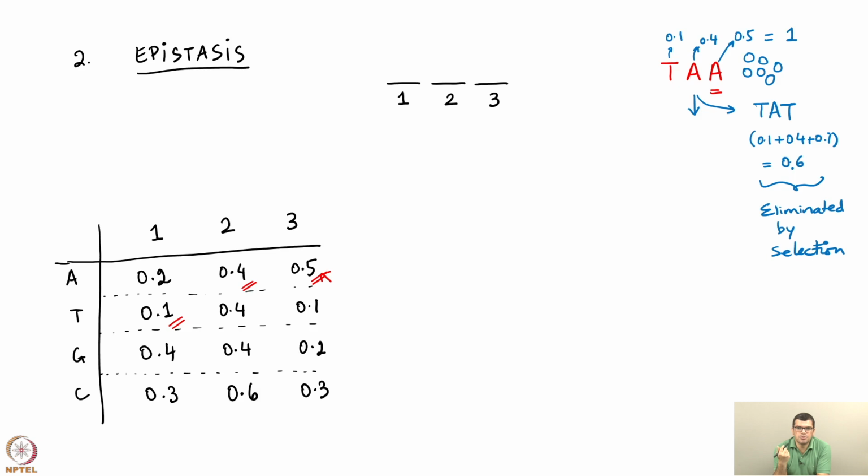However, if I am looking at position 2, then if I have a transition from A to C, then the fitness contribution at position 2 becomes 0.6 instead of 0.4. So I can increase my fitness then. And on position 1, T actually confers the least possible fitness of all the options that are available to me. So any change away from T would be a good change. In that context, suppose the following mutation took place, I get GAA.